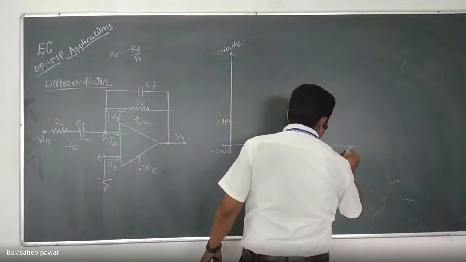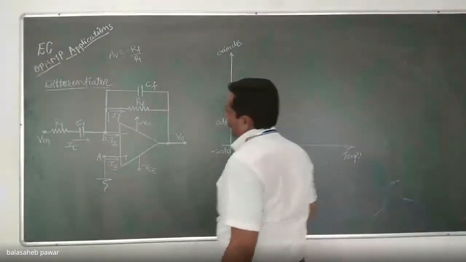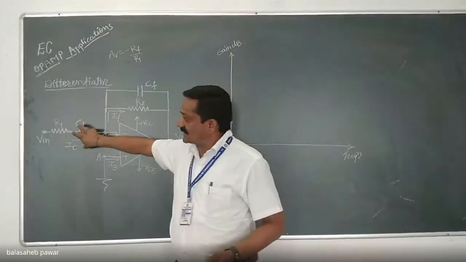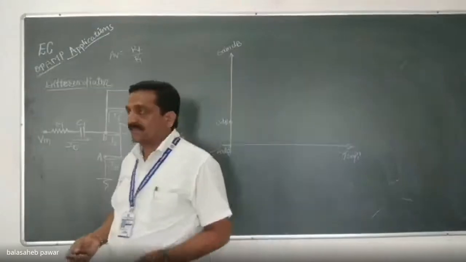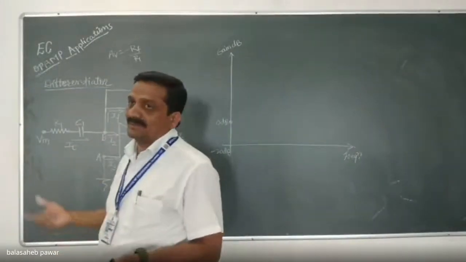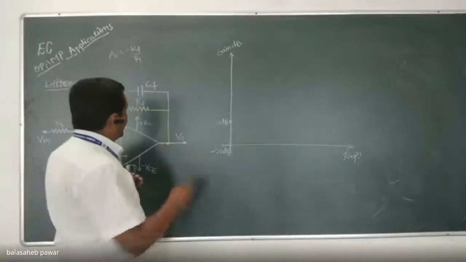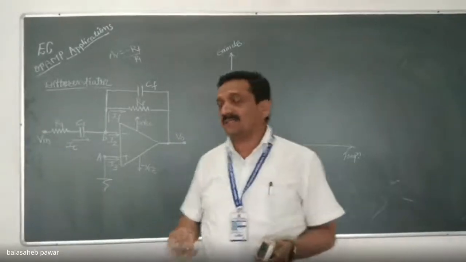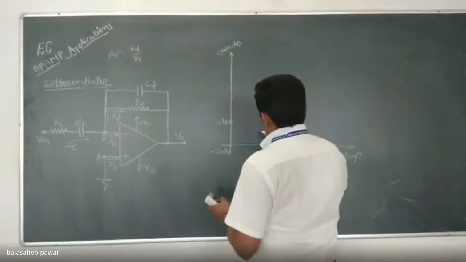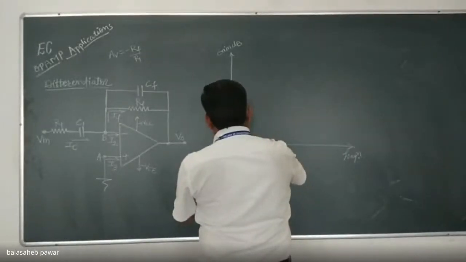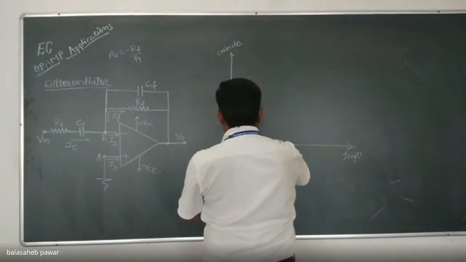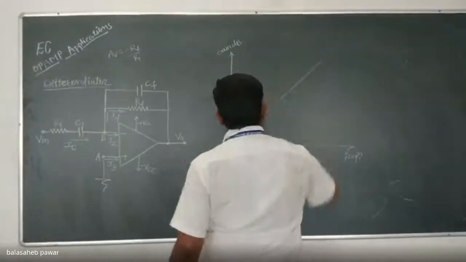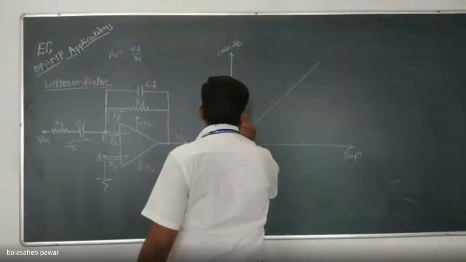As we change the frequency from 0 onward, the gain also starts to increase, because at 0 hertz this capacitor acts as an open circuit, so no output is obtained, meaning the gain will be 0. At very, very high frequency, in the ideal differentiator, the gain will be infinite, so it becomes unstable. You will observe the frequency response somewhat like this. It is continuously rising in nature, and the circuit becomes unstable.